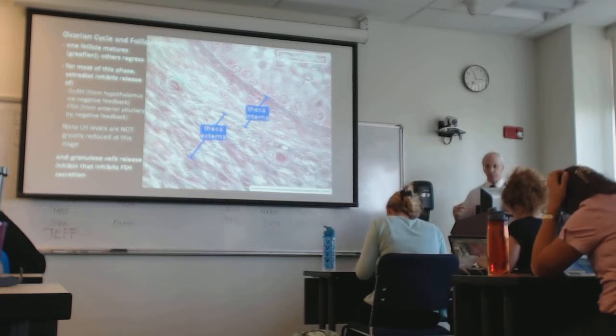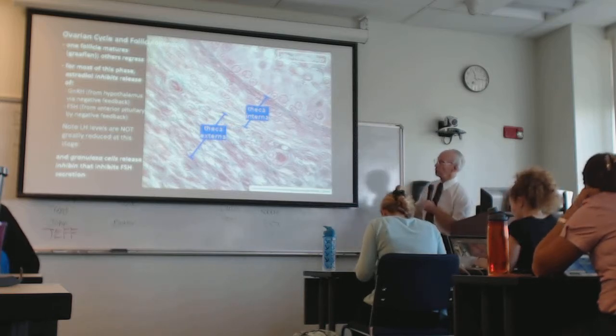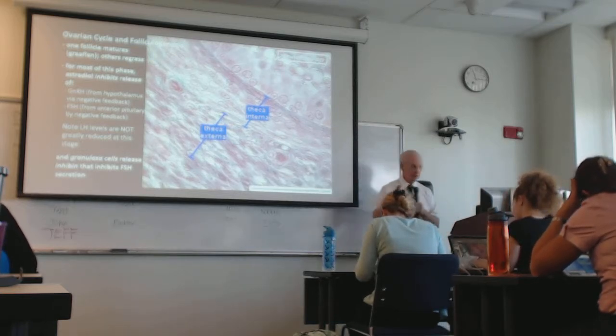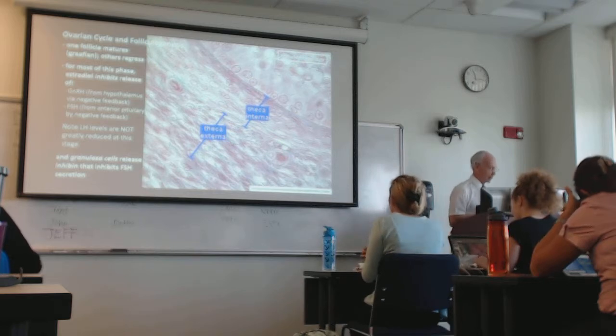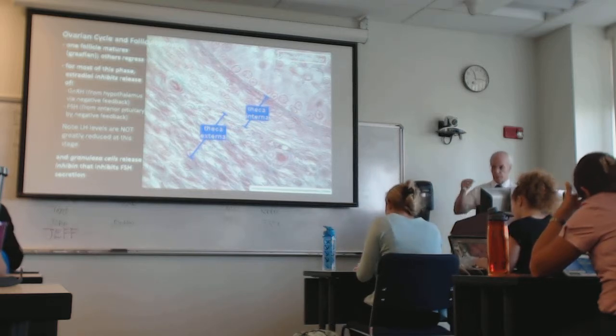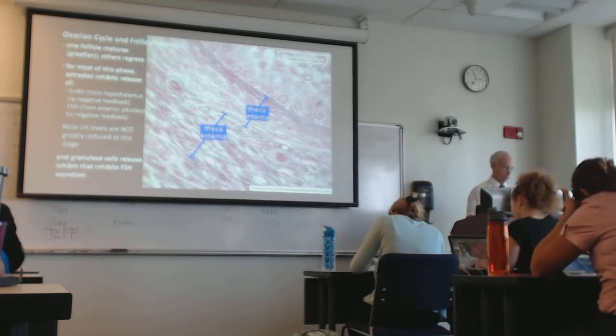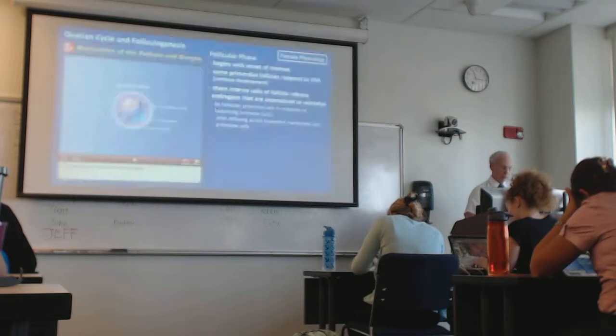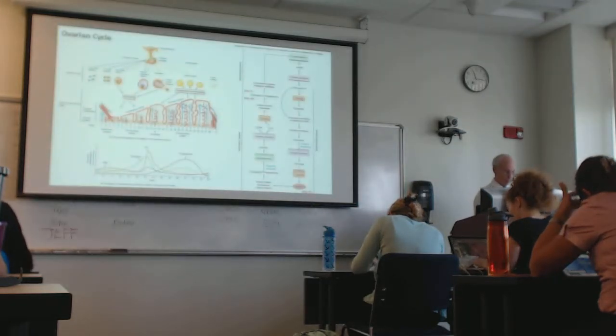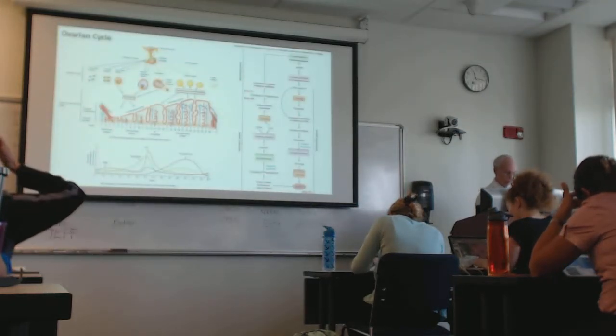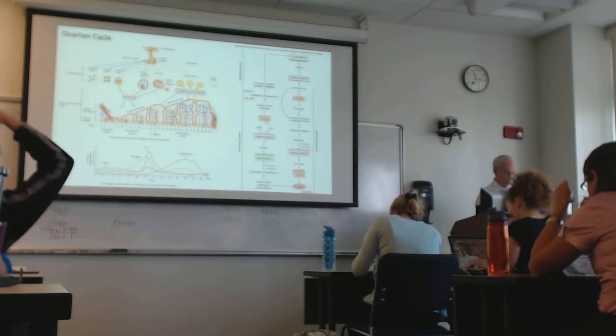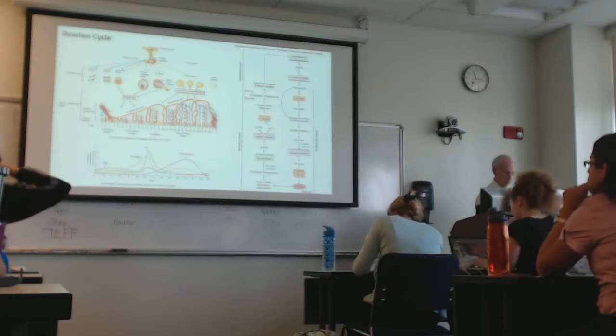Initially, in that second week, the estrogen will inhibit release of the gonadotropins. The LH is going to be increasing during this period. If you look back at our little list here, notice that LH and FSH are both fairly low.